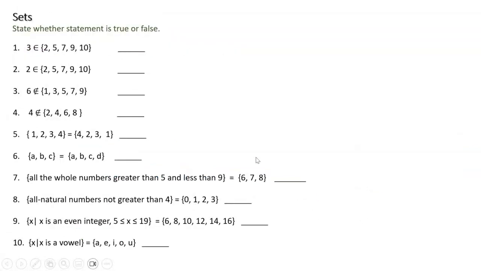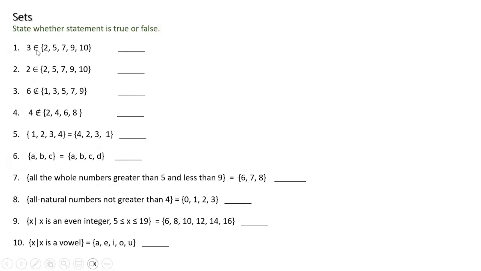Now these are actual examples from the book. I believe this is some from the homework. Here, all we have to do is state whether the statement is true or false. For example, number 1: 3 is an element of the set containing 2, 5, 7, 9, and 10.